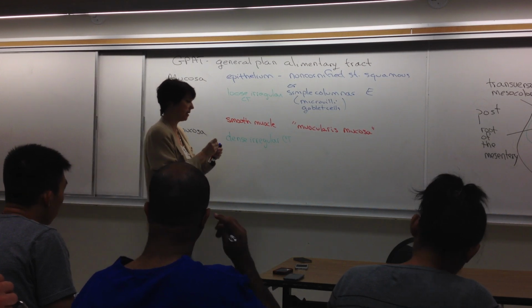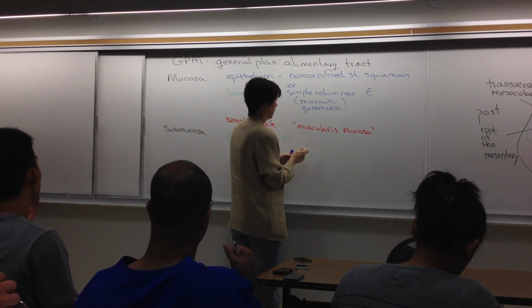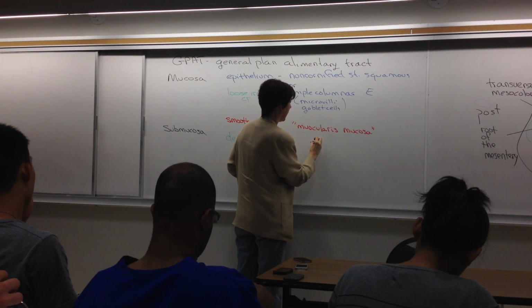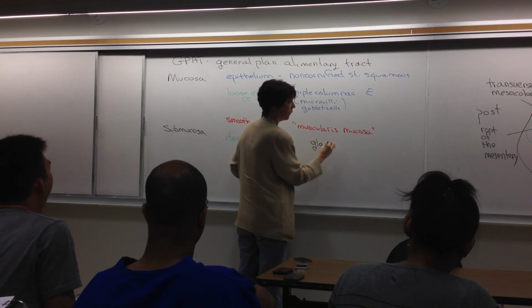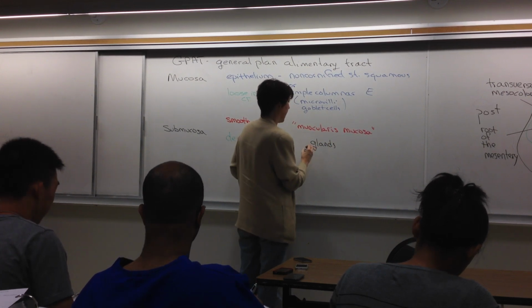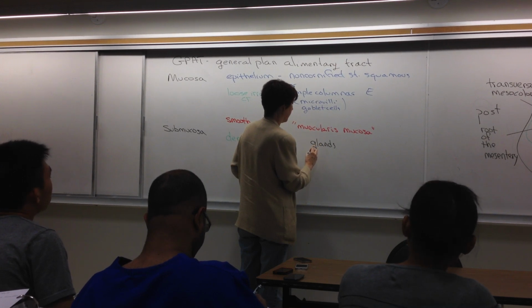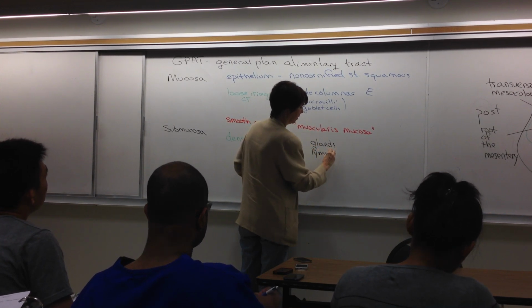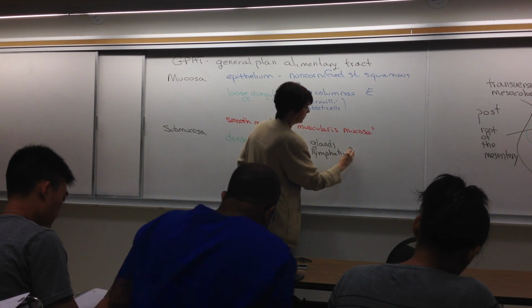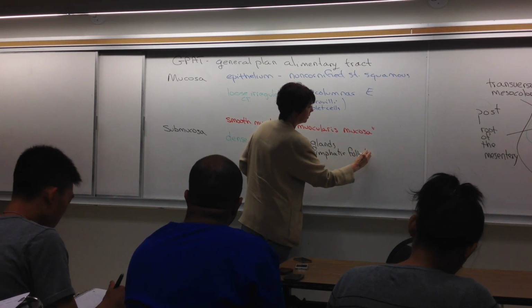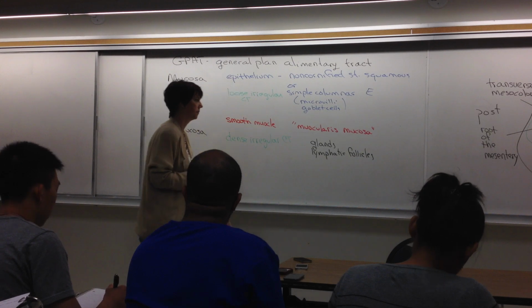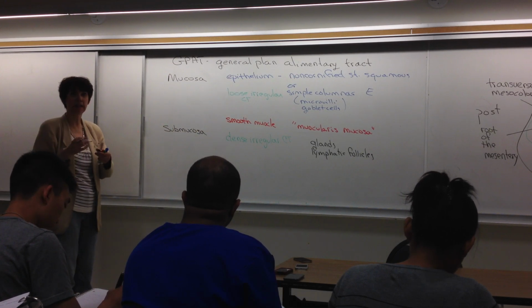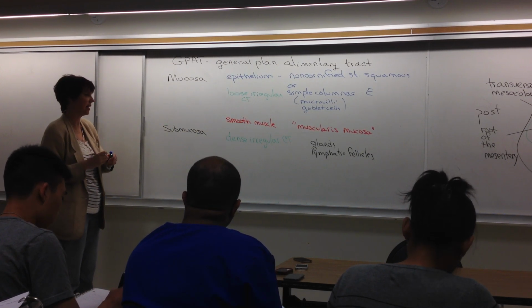It may or may not have glands that reach to the surface, and it may or may not have lymphatic follicles, as well as everything else we have in dense, irregular connective tissue.